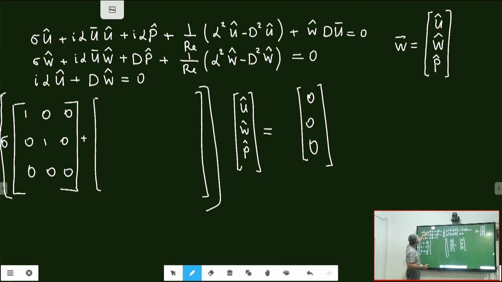Now we will do the same thing with the rest of them. So we will see that the equations will contain u multiplied by I alpha u bar. u will be also multiplied by alpha squared and divided by Reynolds number. So plus 1 over Reynolds number alpha squared. And look at this, d squared, also, this is a second derivative.